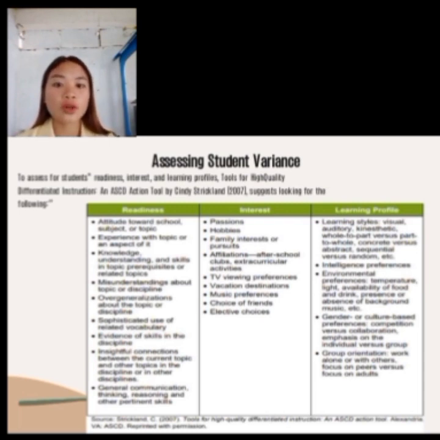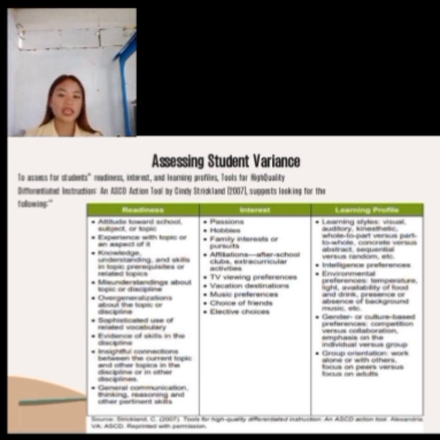Next, affiliation with after-school clubs and extracurricular activities. They join the activities that the school has. In that way, they have an interest to learn and to acquire more knowledge. Then TV viewing preference.